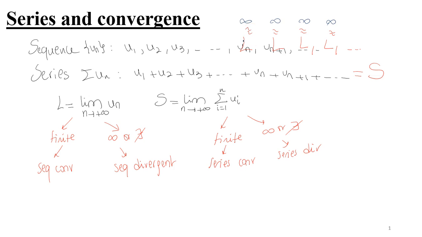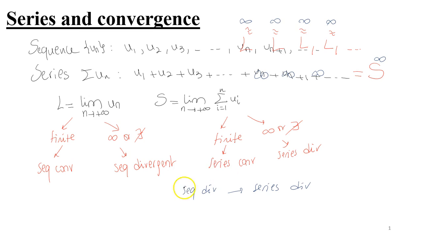That means that starting from a certain rank, the terms of the sequence are infinitely big. If these are infinite, when you add them, the limit of the series is of course infinite. So a divergent sequence leads to a divergent series.